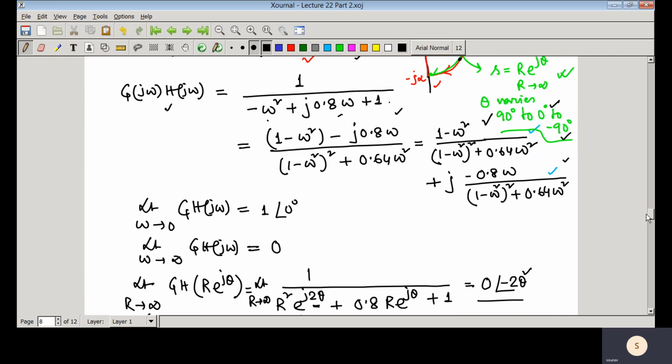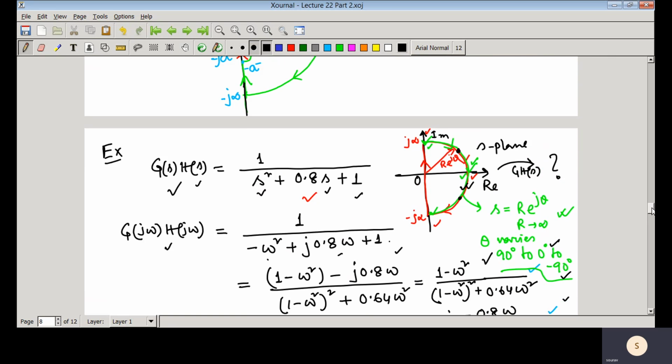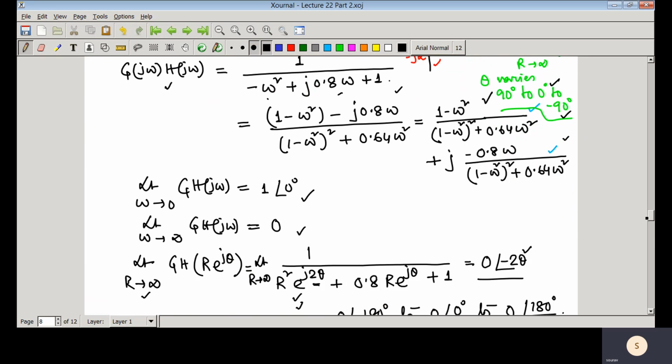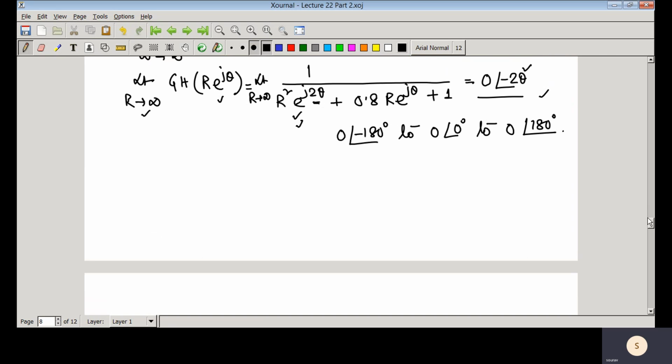The second step is to find the value when omega tends to 0 and when omega tends to infinity, and then the mapping for the semicircular part, where you replace s equal to R e to the power j theta and follow this step. So then we have all the information.